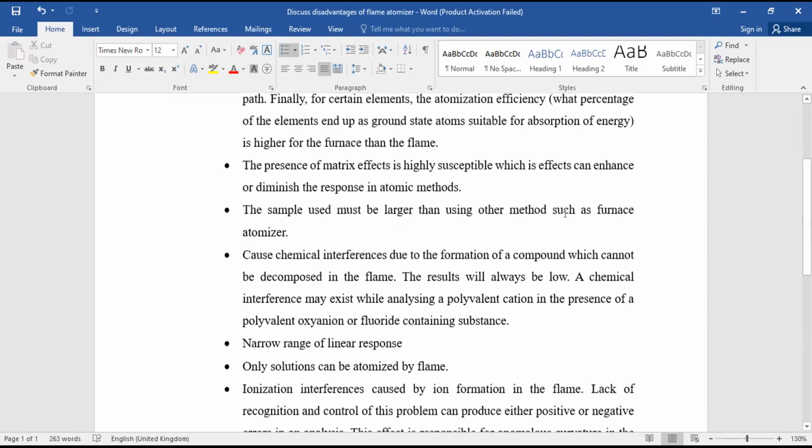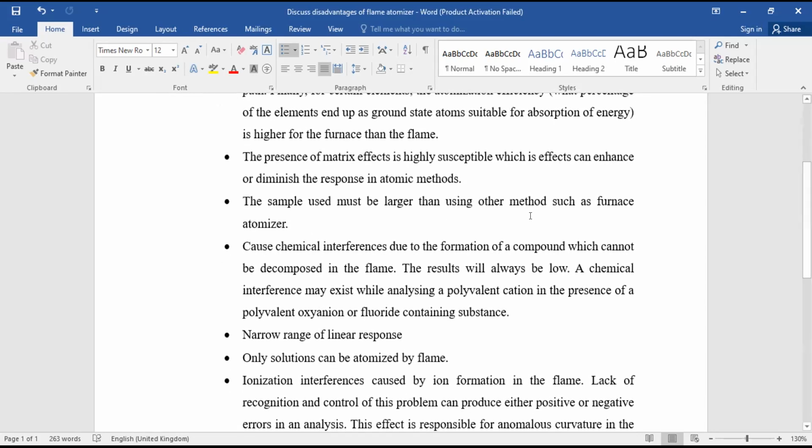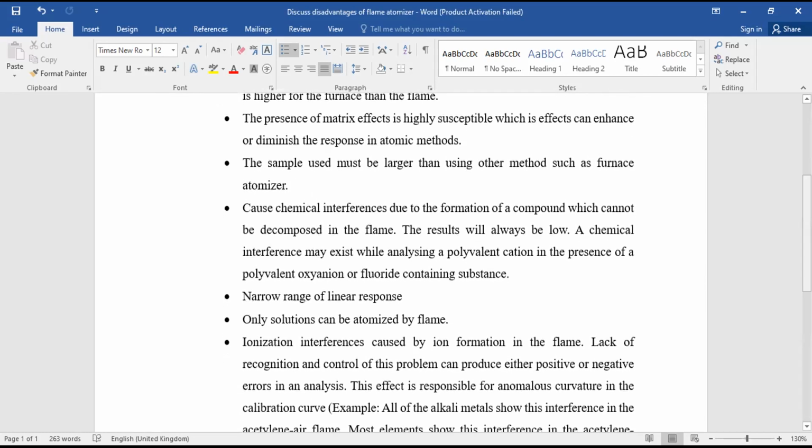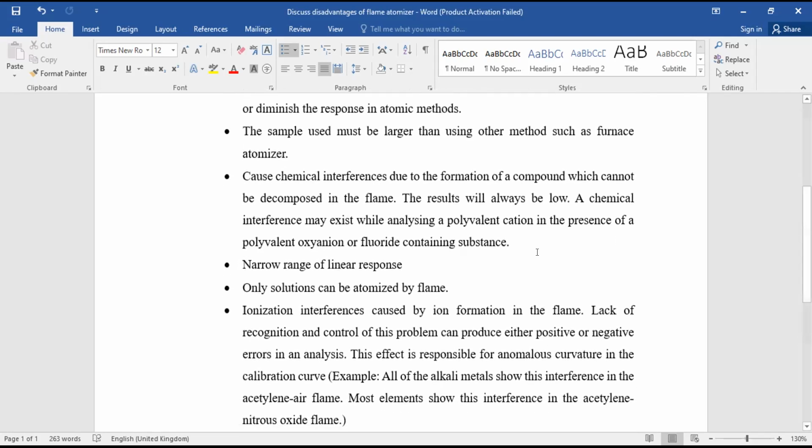In using a flame atomizer, the sample you use for atomization needs to be larger than with any other method, because you are burning it. So basically, compared to the other types of methods in general. The fourth disadvantage is that it causes chemical interference due to the formation of compounds that cannot be burned within the flame.